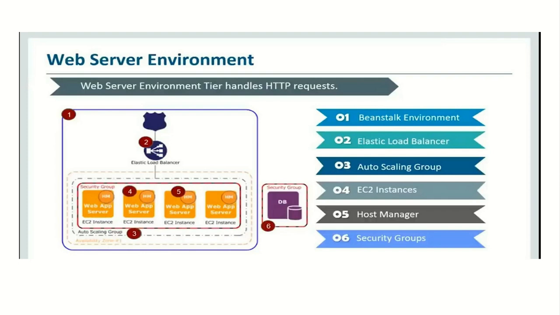Then we have a software component called host manager, which runs on every EC2 instance that has been assigned to our application. The host manager is responsible for various tasks. Firstly, it will provide us a detailed report regarding the performance of our application.